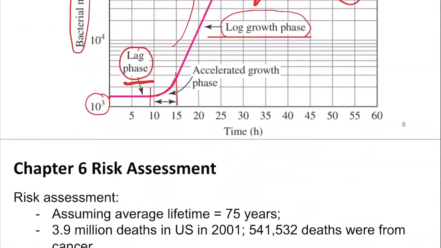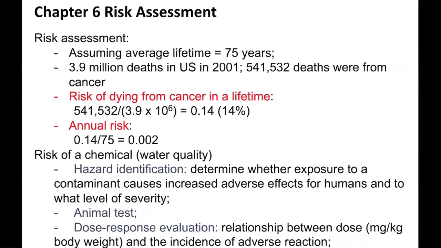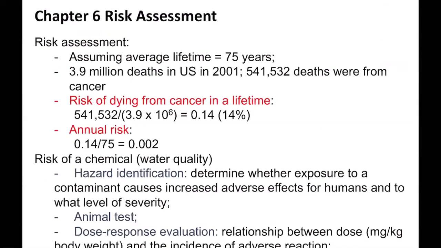So regarding the risk assessment, I just have a very simple slide that's going to give you basically two definitions, all right? One definition is how to evaluate the risk. We hear the word risk quite many times.